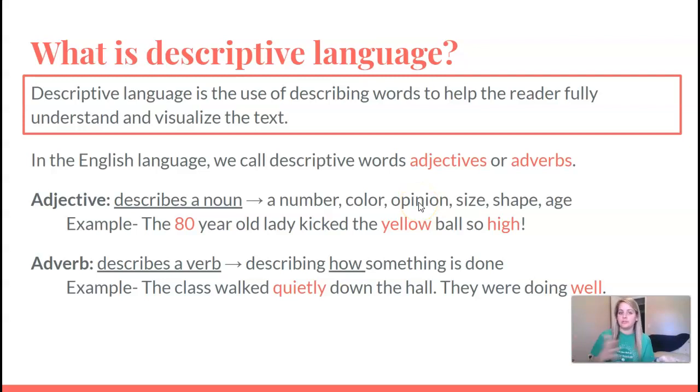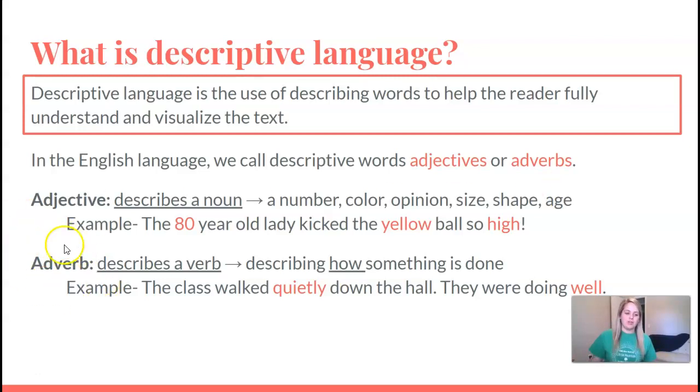Something might be beautiful and to other people they may not find it as beautiful. Size, small, medium, large, shape, square, circle, triangular, and age. If I say a lady, you could imagine anyone from probably like 18 and up. But if I say the 60-year-old lady, that forms a more descriptive image in your head.